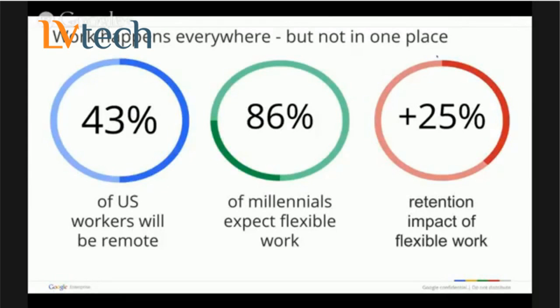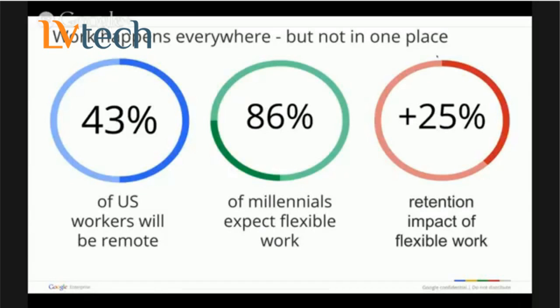This is a set of data that really gets to the point that increasingly people are not working in the same location, the same office, the same facility, etc. These stats come from Forrester and Bain across a couple of different studies that they've done. The first one being that almost half of the workers in the U.S. will be not in a central location, i.e. will be considered remote over the next 2 years.